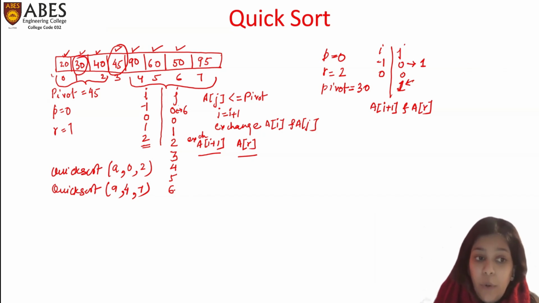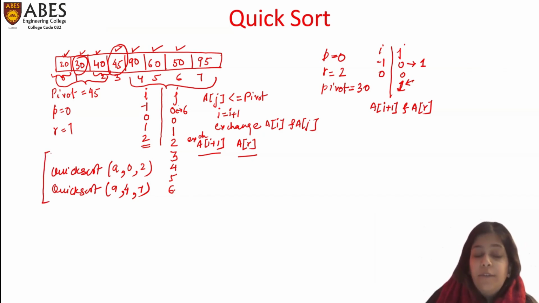Now again, you will call the quicksort algorithm for this, and again, you will call the quicksort algorithm for this. This is where we have to stop our recursive call of the quicksort algorithm, right? So how will we find out whether we have to recursively call the quicksort algorithm again or not? If the values of p and r are the same, because here the lower bound will also be 0 and the upper bound will also be 0.